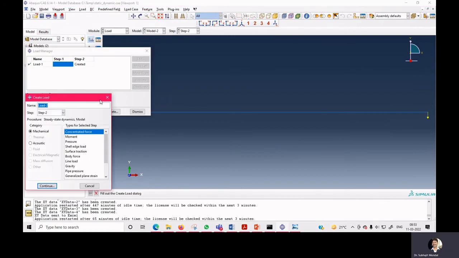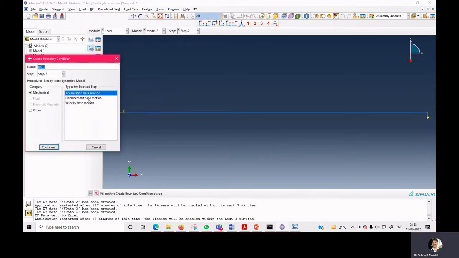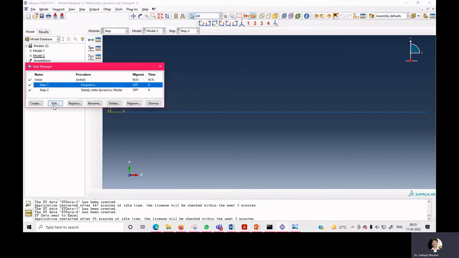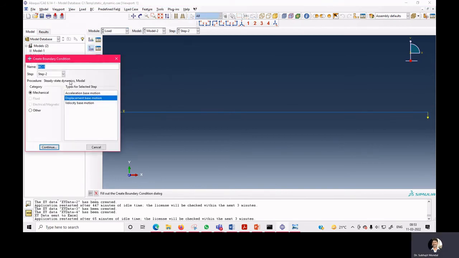Okay, next boundary condition will be of displacement type boundary condition. Otherwise, what we can do is provide the boundary condition in step one.